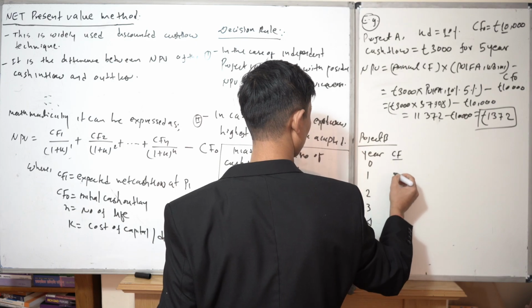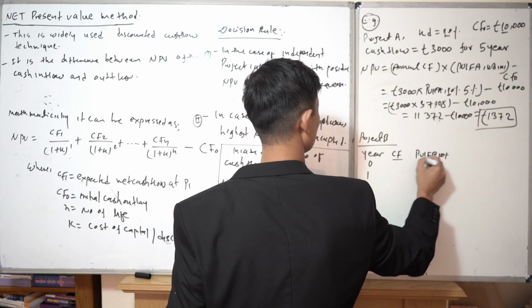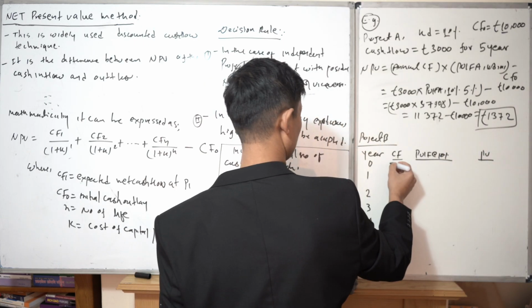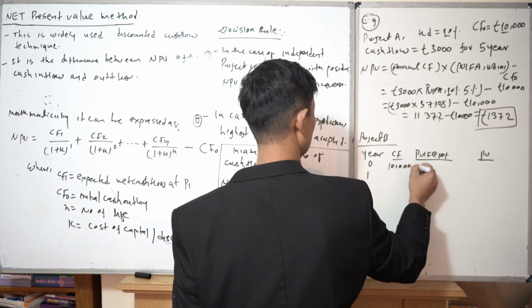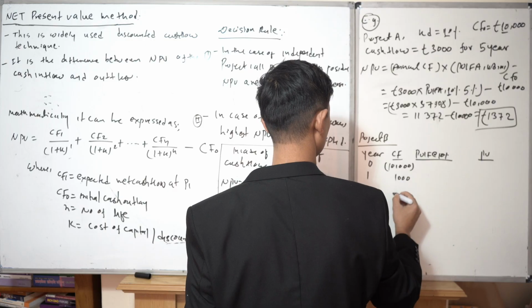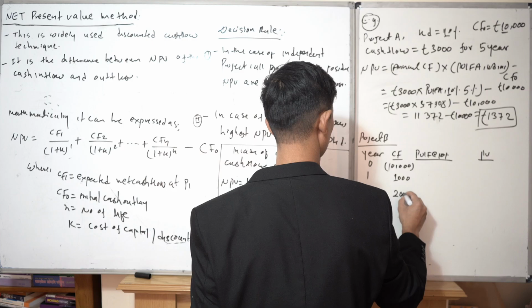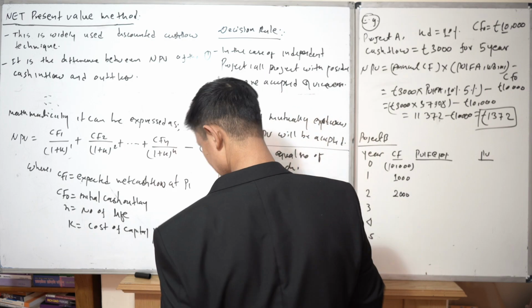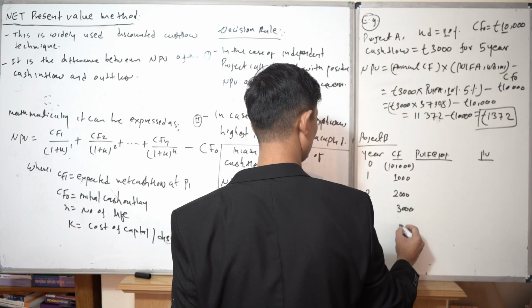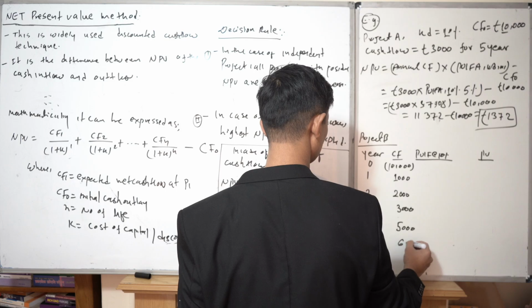Cash flow and present value interest factor at the rate of 10%. In year 0 it was minus 10,000, in year 1 it was 1,000, in year 2 it was 2,000, year 3 it is 3,000, year 4 it is 5,000, and year 5 it is 6,000.